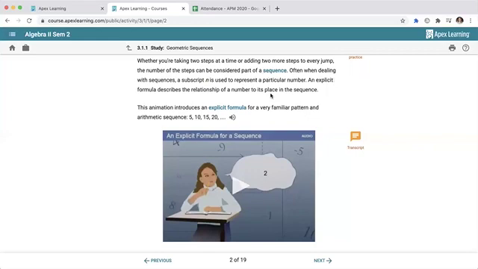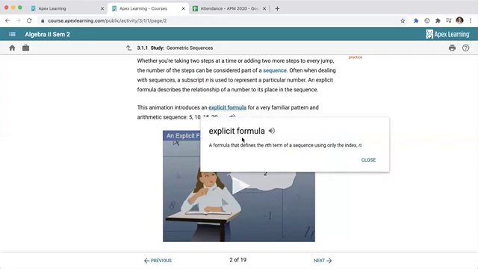Using this new notation of subscript n, we have this explicit formula, which is a formula that defines the nth term for a sequence only using the index n. So it's going to tell us in terms of nth terms, keeping it general, instead of saying the 3rd term or the 4th term or every possible term.